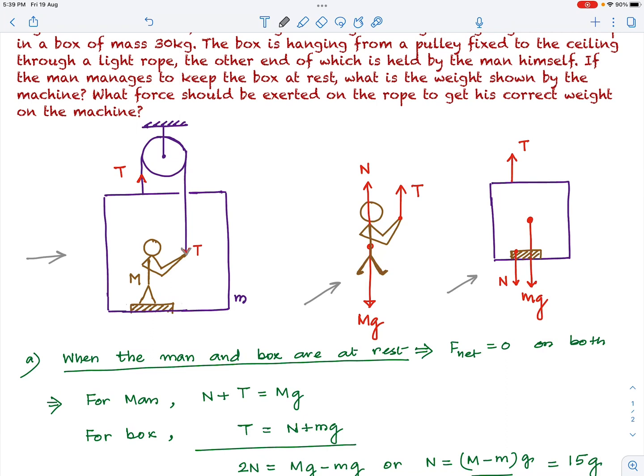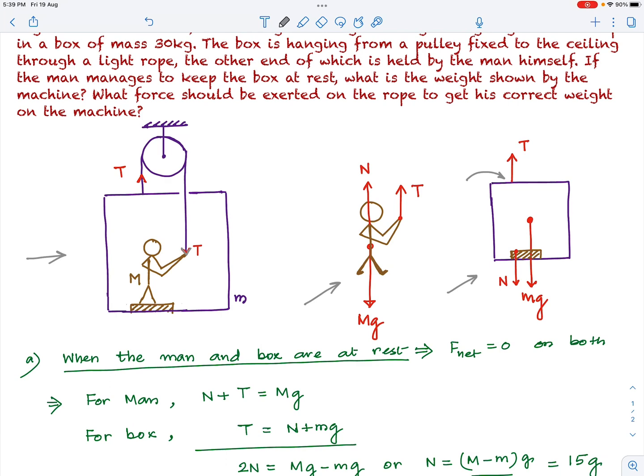The second figure is for the box, where if you look carefully, the weight of the box is small mg. The tension that is created in the rope is acting on the box where the rope is connected with the box, which is here at the top point.